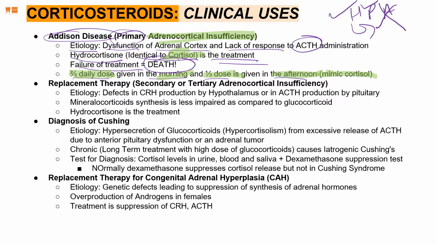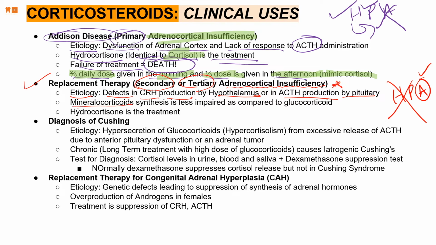Stay with me. Replacement therapy for secondary or tertiary adrenocortical insufficiency. What's the cause? It's a defect in CRH production by the hypothalamus or ACTH production in the pituitary. In this case, the adrenal gland is okay, but the hypothalamus and pituitary are not that great.